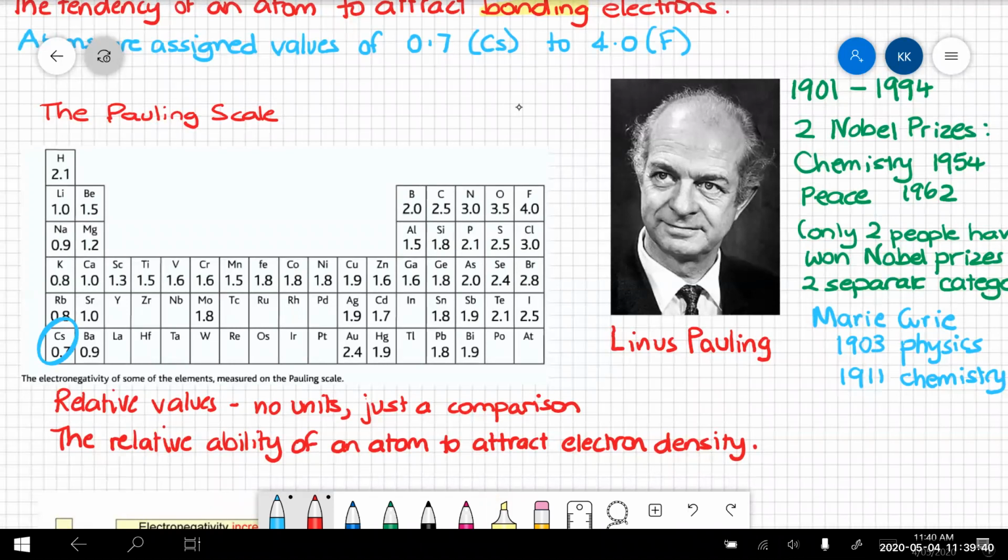That's probably why it loses its electrons. The best is fluorine, which has the highest electronegativity at 4.0. These are relative values. They don't have units, so they're used to compare the elements, but you can't actually stick a probe into an atom and get a value for its electronegativity. These values are assigned, not measured. It's the relative ability of an atom to attract what we call electron density.